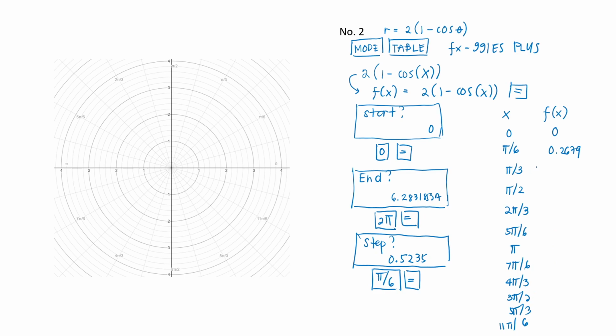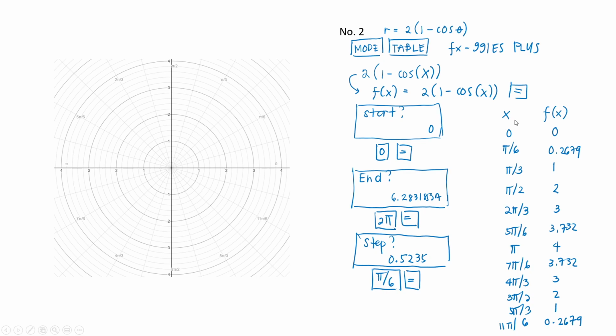So 0.2679, 1, 2, then 3, and then 3.732, 4, then 3, 2, 1, and then the last one is 0.2679, and of course going back to 0, which is 2 pi.